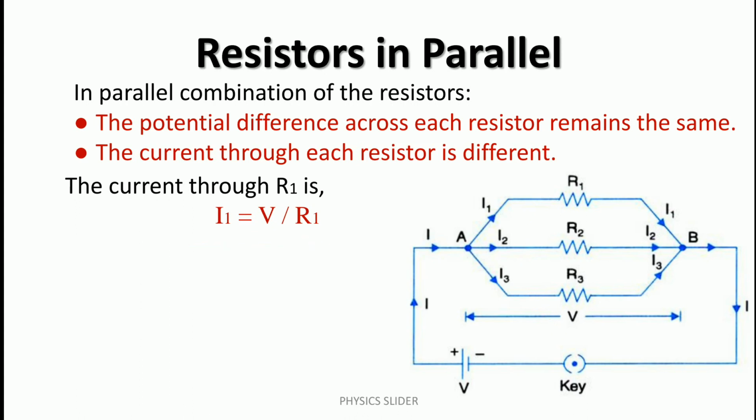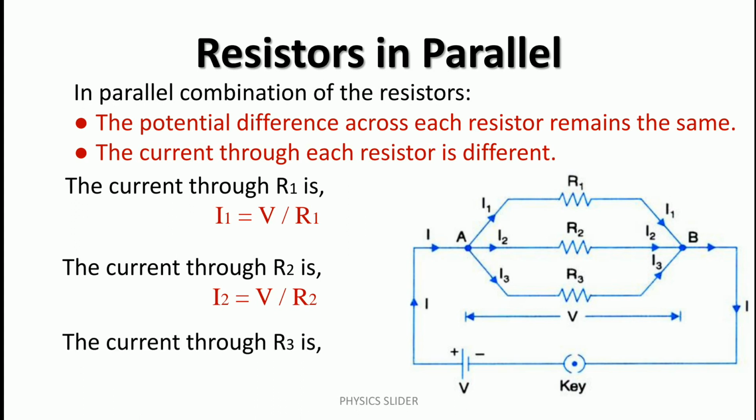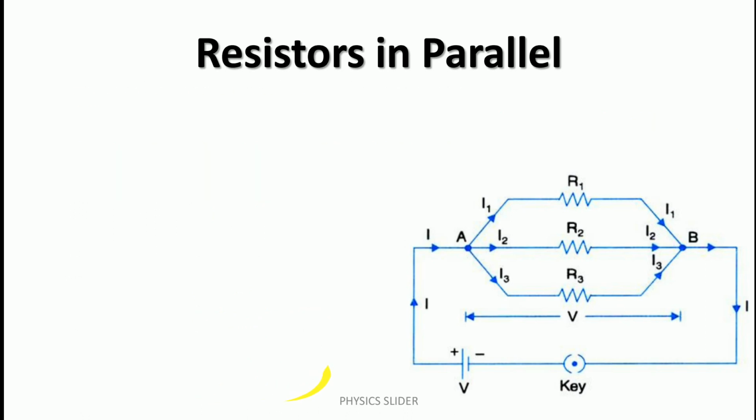Now the current through R2 will be given as I2 is equal to V upon R2, and the current through R3 will be given as I3 is equal to V upon R3. The total of these three currents, the sum of all the electric currents, is I is equal to I1 plus I2 plus I3.